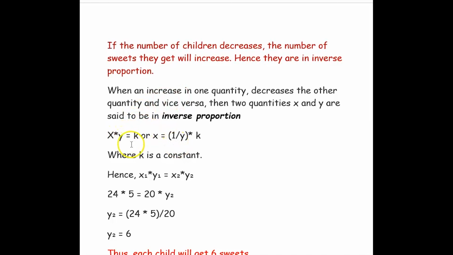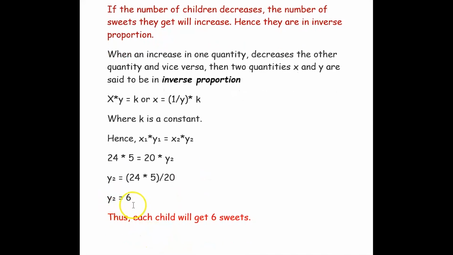We write the relation x into y equals k, which we can rewrite as x1 into y1 equals x2 into y2. Substituting all the values and simplifying, we get y2 as 6. So if the number of children is 20, then each child will get 6 sweets.